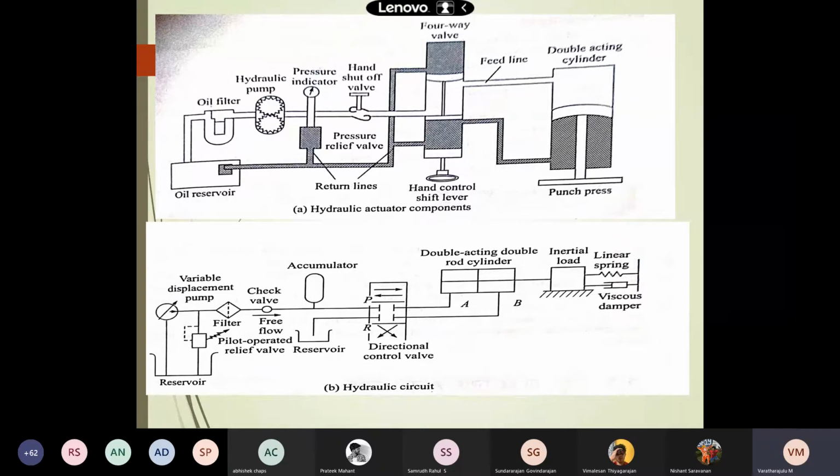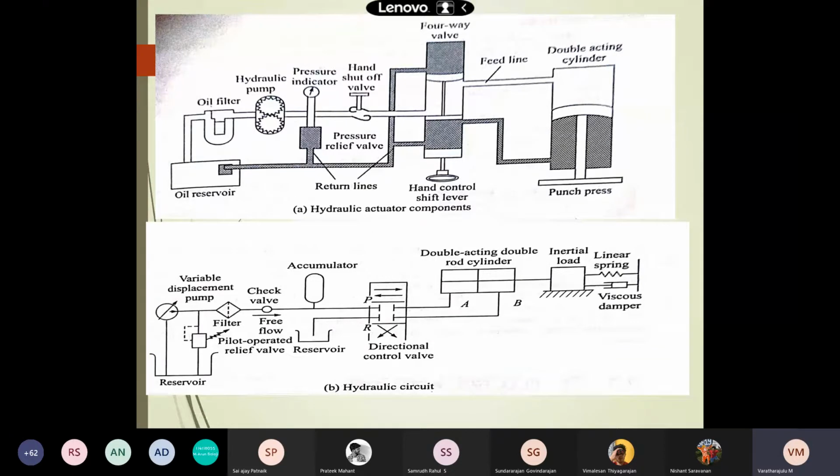The hydraulic power system generally has 3 basic elements. One is the hydraulic pump, the other is the control unit, and the third is reciprocating cylinders or rotary motors. These are the basic elements in a hydraulic system.